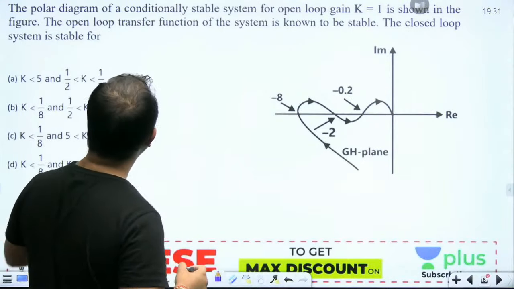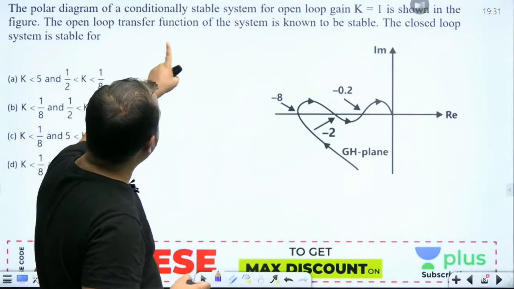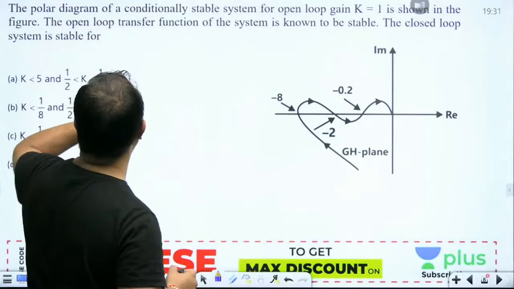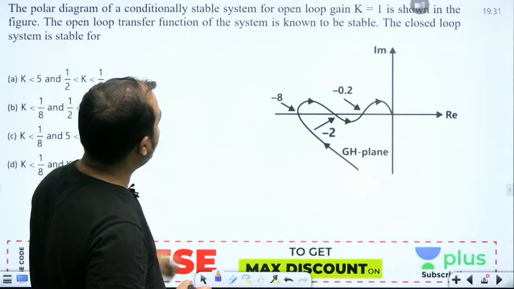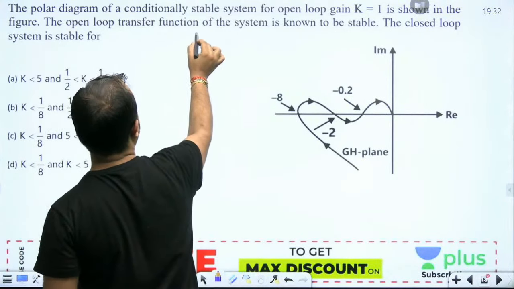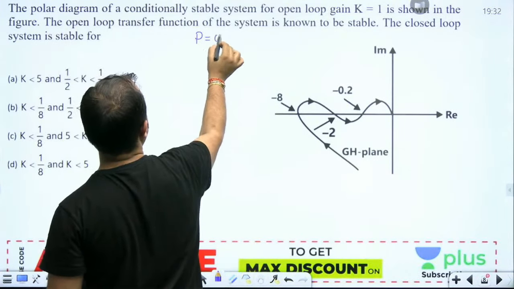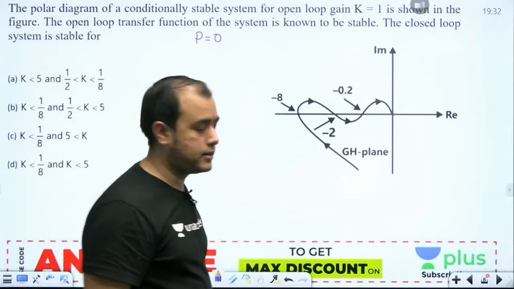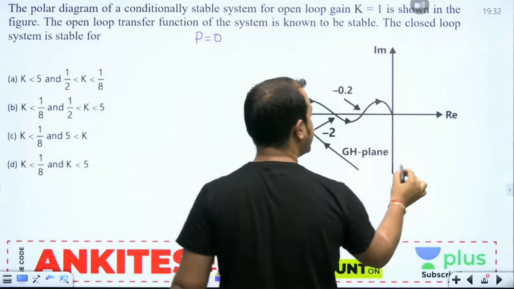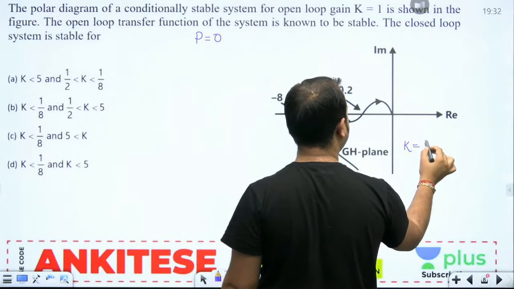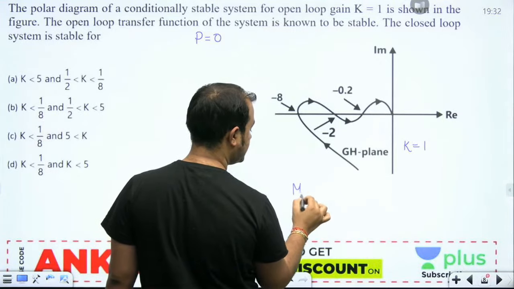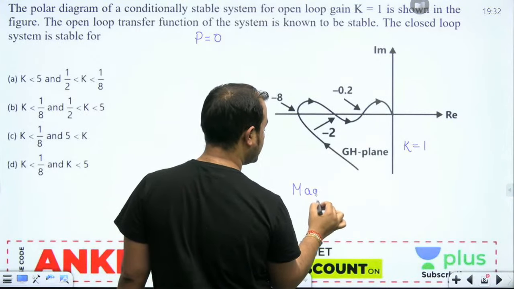Now see. The polar diagram of a conditionally stable system for open loop gain k equal to 1 is shown. The open loop transfer function is stable, that is P is 0. The closed loop system is stable for what values? Now listen, this graph exists for k equal to 1.